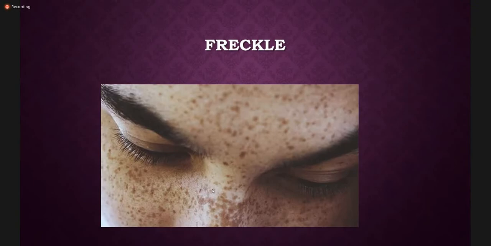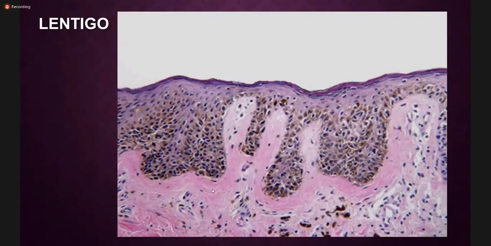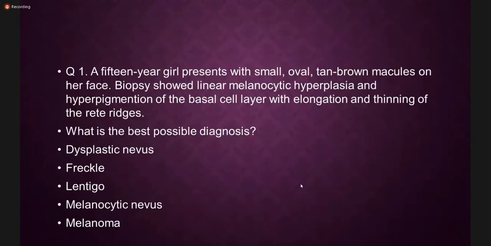Melanocytes are not hyperplastic, whereas in lentigo, there's increased production of the melanin pigment and hyperplasia of the melanocytes as well. So lentigo is due to a hyperplastic process in the melanocytes.